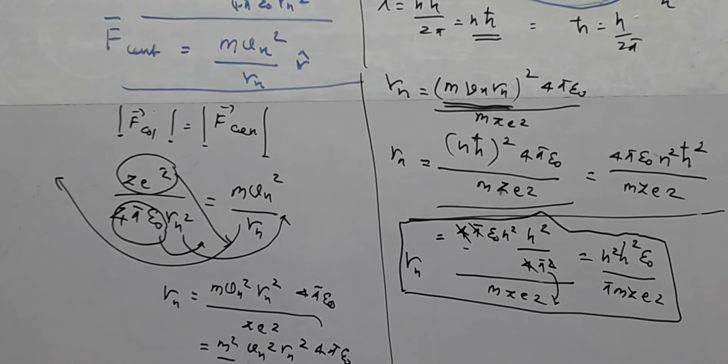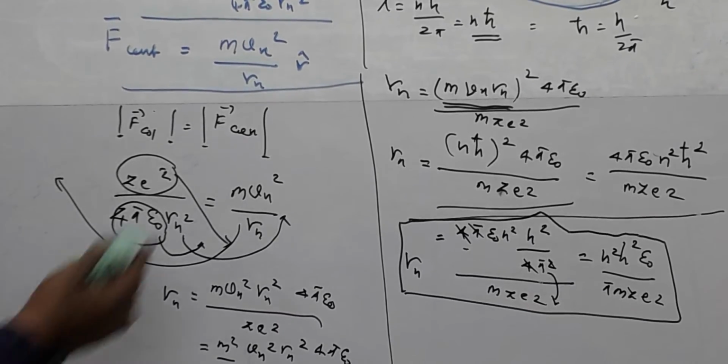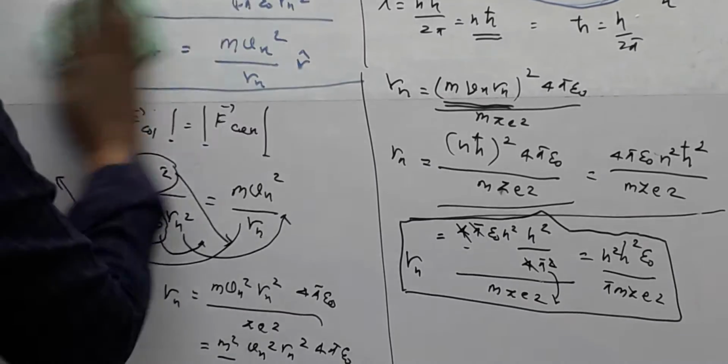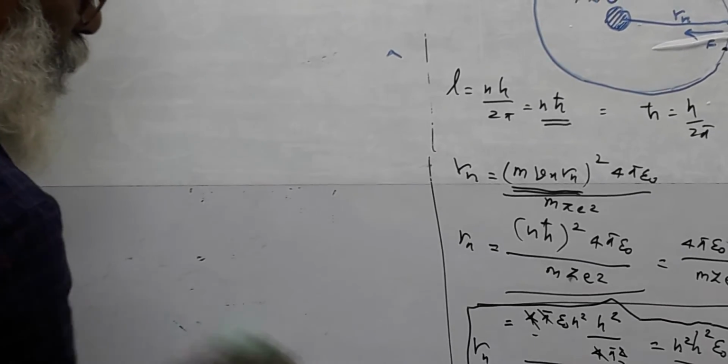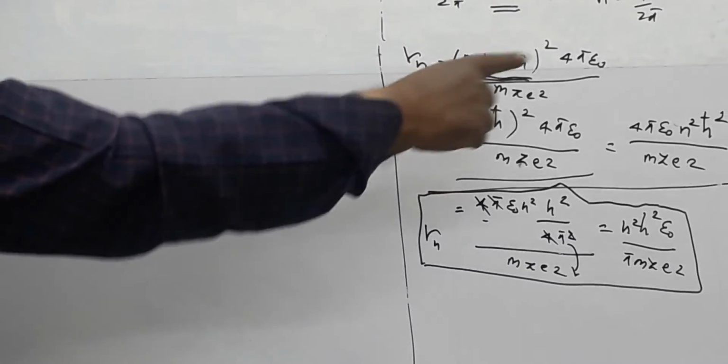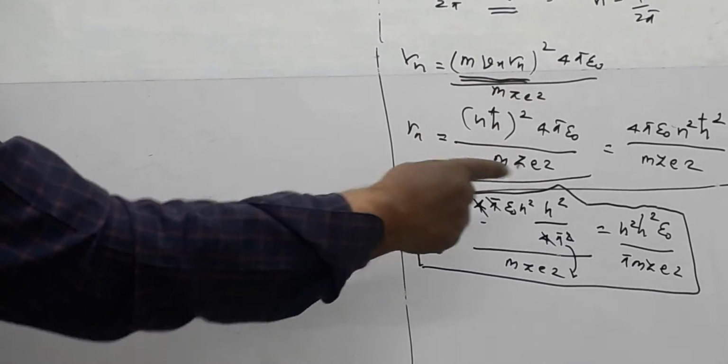Now I have to modify this equation for our convenience. Rn is nothing but n square h square epsilon naught divided by pi m z e square.